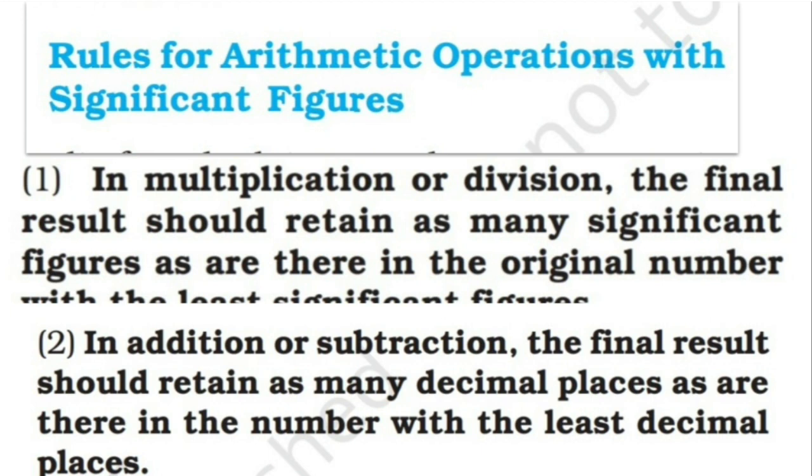But in doing addition or subtraction, you should look at the number of decimal places. So first, among the given measured values, you should find the measurement with the least decimal places, and the same number of decimal places you have to retain in the final answer. We'll do one example.